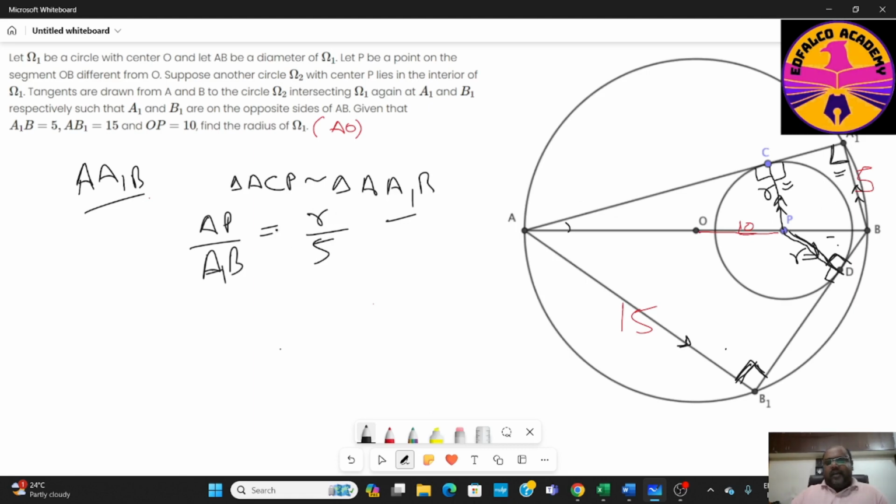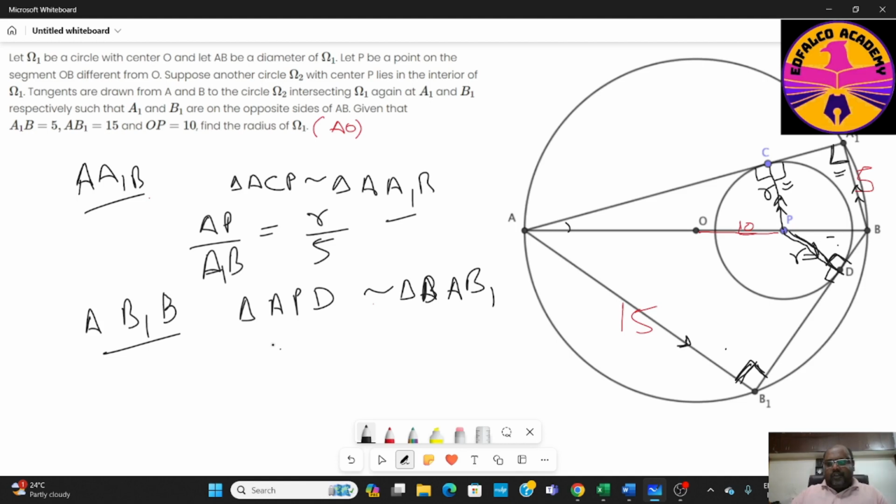That is the similarity ratio for this triangle. In the same way, triangle APD is similar to triangle BAB1.